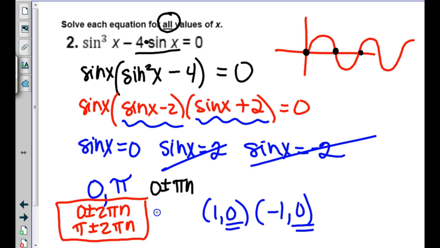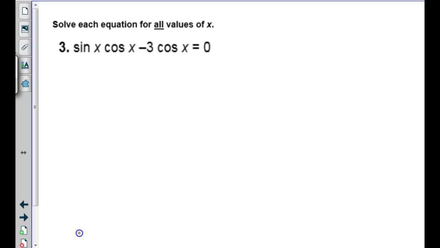You could just have plus or minus pi n, because n could be 0. So this is a little bit shorter way to write it, but that only works sometimes. So you're always allowed to just put down the solutions from your unit circle and then say it's going to repeat every 2 pi. You don't have to spend a whole bunch of time thinking about how to write it shorter.